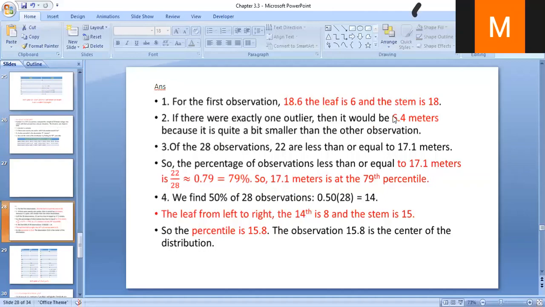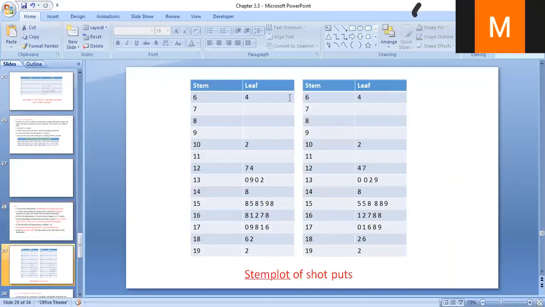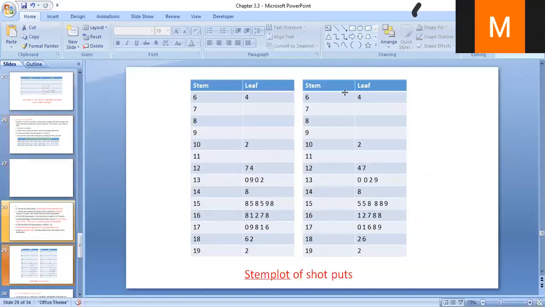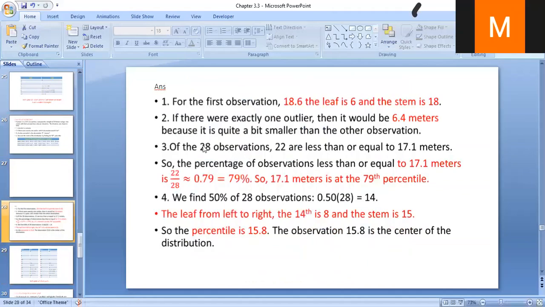Here 6.4 is very much smaller than the other observations. You see 6.4 is earlier than the others. And you look on this one, you get 6.4 is very small. The answer: it could be 6.4 meters because it is quite smaller than the other observations.